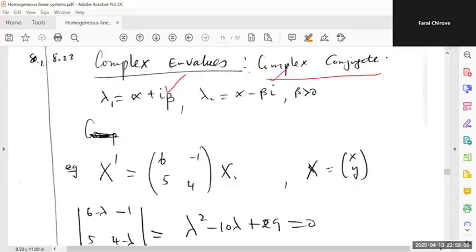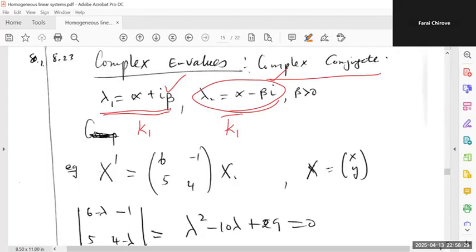What we are going to argue is once you get the first eigenvalue, you only need to get the eigenvector associated with it and don't waste your time looking for the eigenvector associated with the complex conjugate. It will turn out that the second one will just be the complex conjugate of the eigenvector. You don't need to compute it.